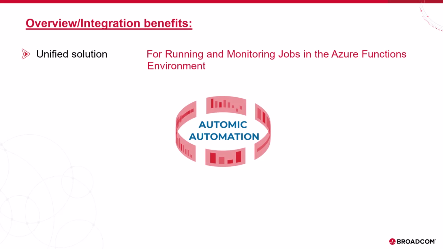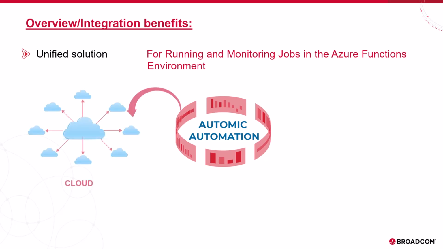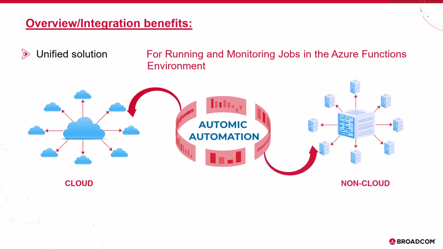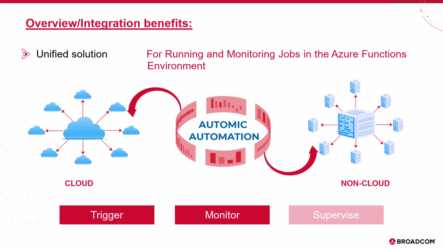Automic Automation plays a central role in orchestrating operations across multiple environments, including the cloud. Automic Automation synchronizes these processes with other, non-cloud operations. By integrating Azure Functions, we can configure process automation centrally in Automic Automation and then trigger, monitor, and supervise everything in one place.